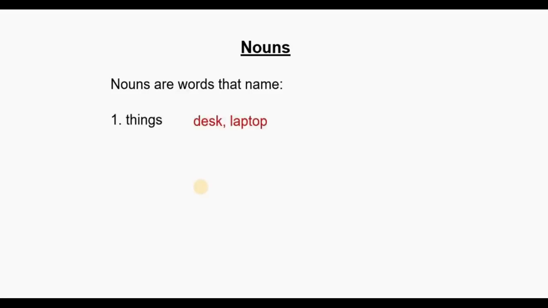Nouns. Well, nouns are words that name things. Okay? So, if you open your eyes and look around you at everything you see, they are nouns. They can name, number 1, things. For example, desk, a laptop. They can name people.